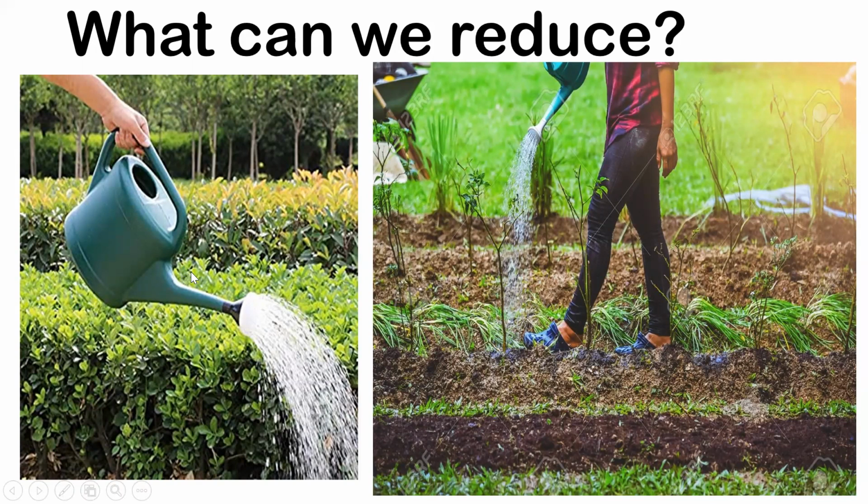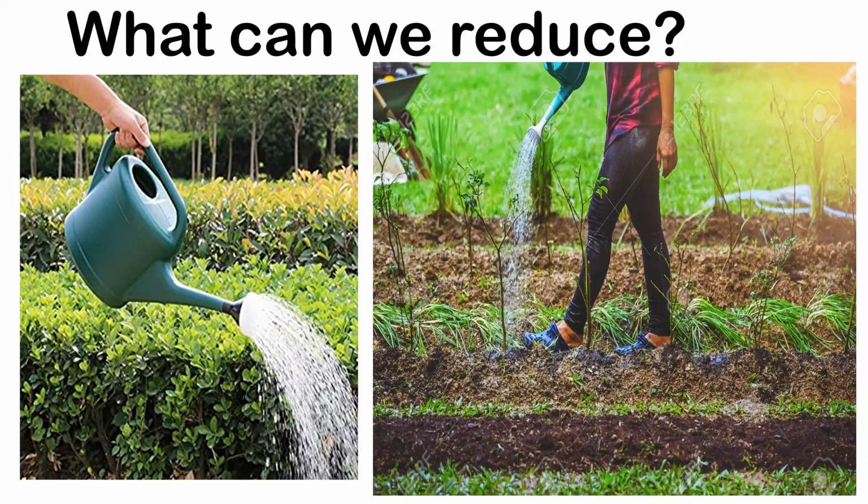Because if you use a water hose or a gardening hose and you just spray water, some of the water might not get into the roots or into the soil, so it will just be on the leaves of the plants. But if you use the watering can, then you can focus more on the roots or on the spots where the plants are planted.